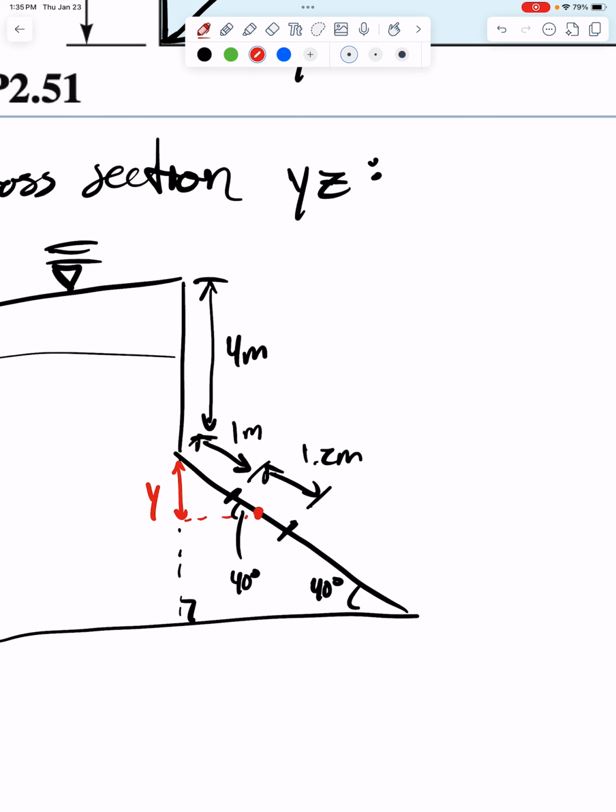We can use trigonometry to figure out y, and we're going to use sine. So sine 40 is opposite over hypotenuse. Opposite is y. The hypotenuse is, for this schematic, 1 meter plus 1.2 meters divided by 2, because it's the halfway distance for the gate. Therefore, y is equal to 1.6 meters multiplied by sine 40.